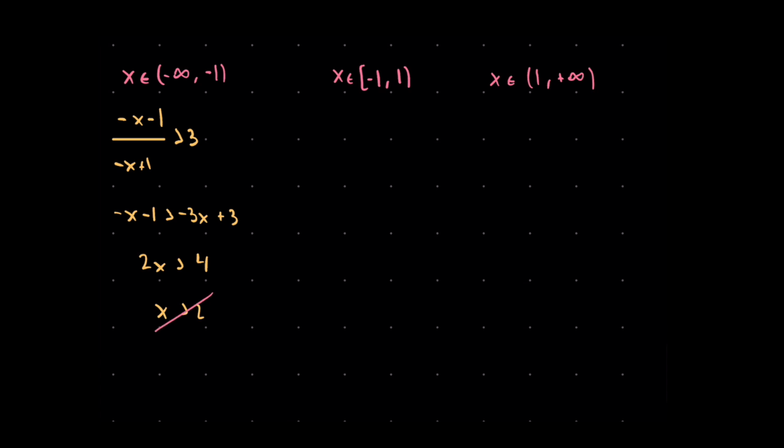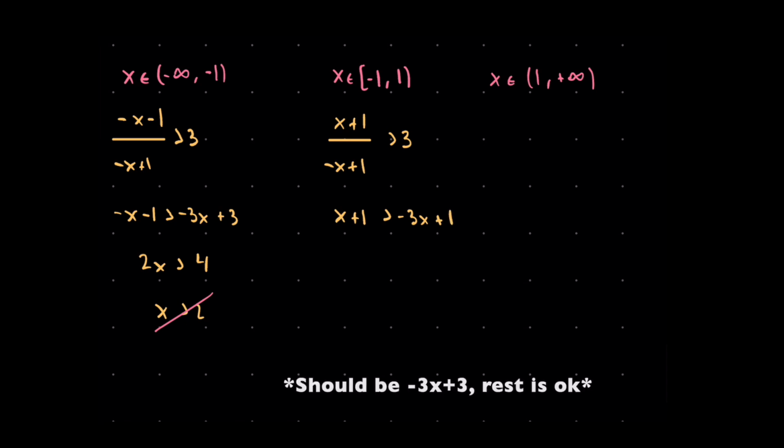Going on to the second one, we have x plus 1 is going to be positive. So we have just x plus 1 from the absolute value, all over negative x plus 1, because x minus 1 is going to be negative here, and this is greater than 3. Rearranging, we get x plus 1 is greater than minus 3x plus 3. Rearranging again, we have 4x is greater than 2, or x is greater than 1/2.